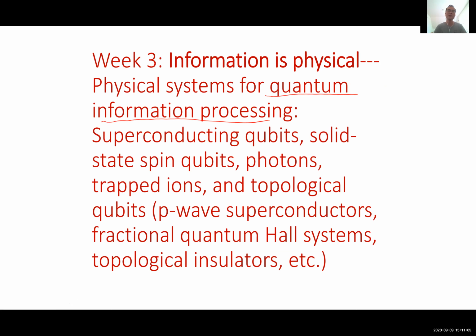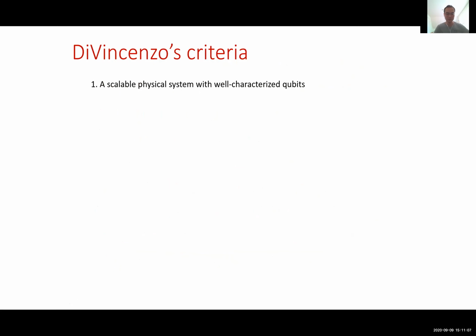But there is a way to have an overall understanding, using the so-called DiVincenzo's criteria. You use these criteria to see whether a physical system can be used for quantum computing or quantum communication. The first criterion is you need to have a scalable physical system with well-characterized qubit.